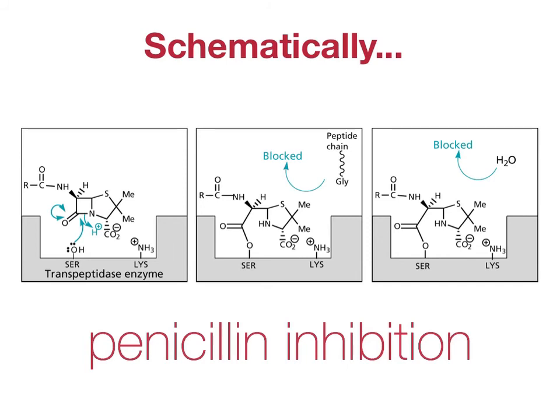Maybe in a quiz, I'll probably just give you an empty one, like 1, 2, 3, just to show you the active site, and then I'm going to ask you, firstly, how would penicillin bind to the active site? And second, show me, using a curly arrow, how would the ring opening occur.